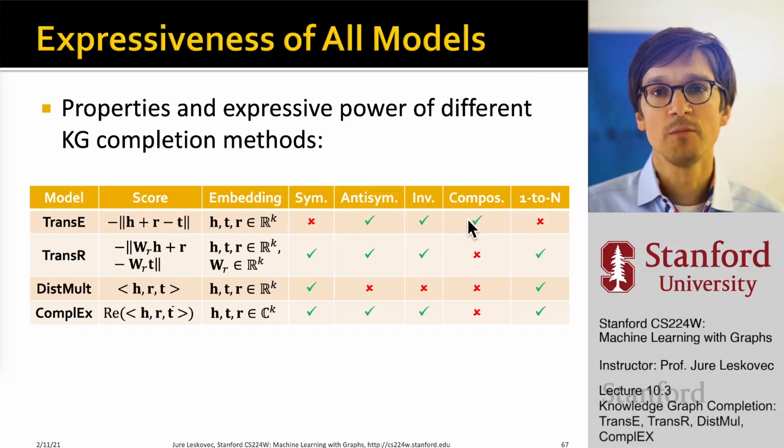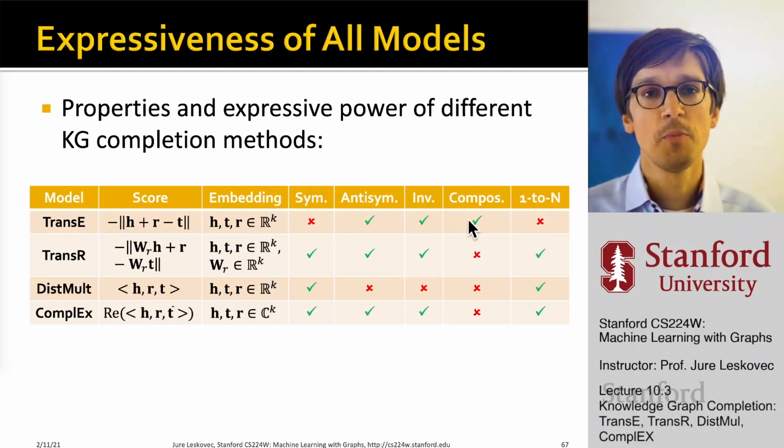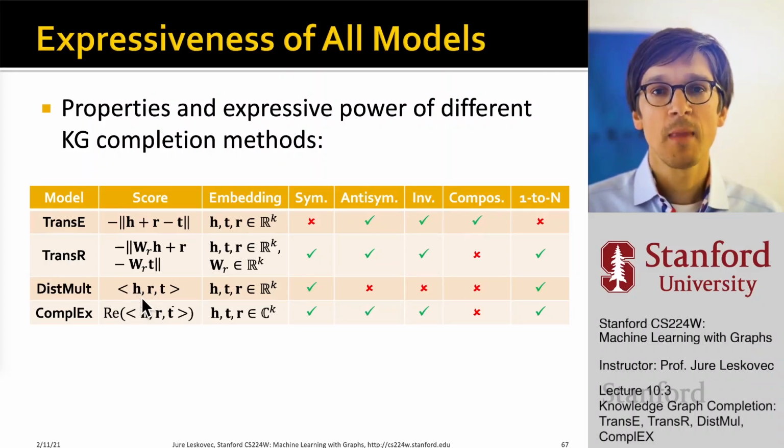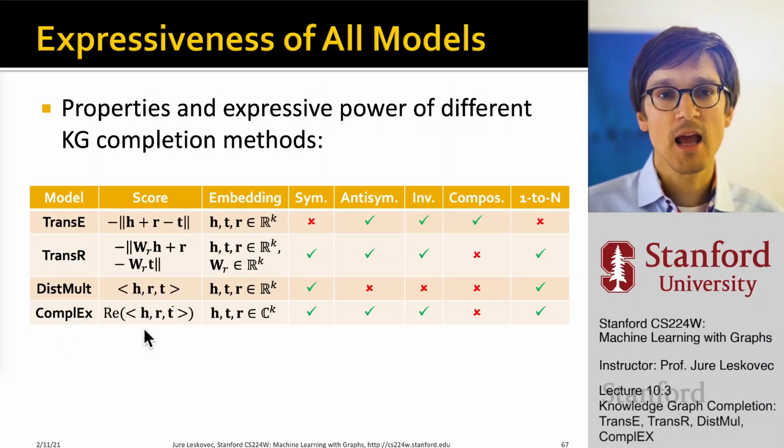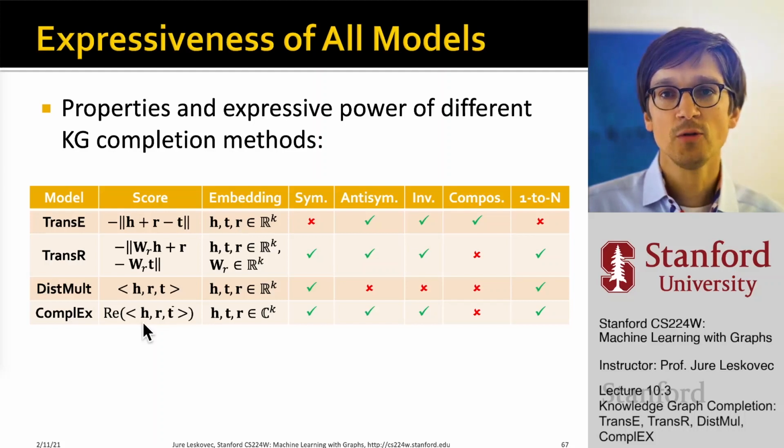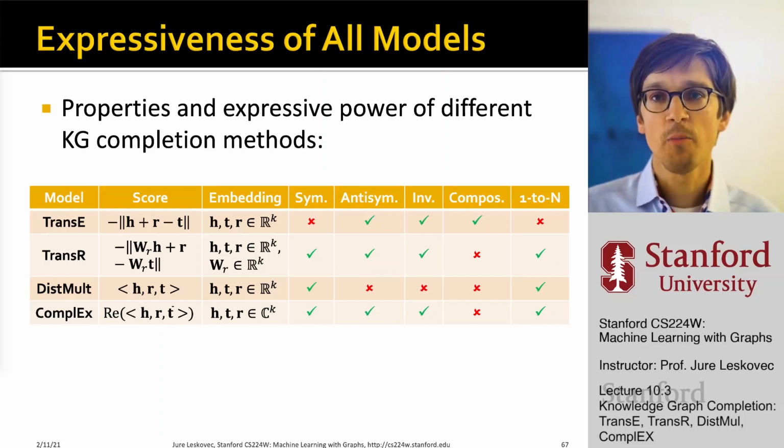TransE is the only one that can model composite relations. DistMult changes the scoring function. And ComplEx embeds not into the Euclidean space but into the complex space.